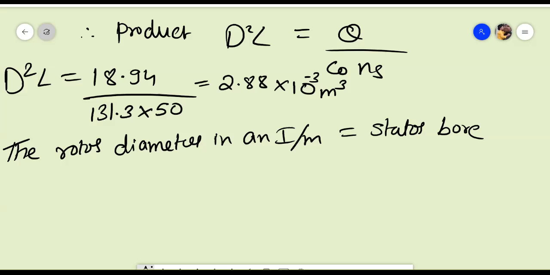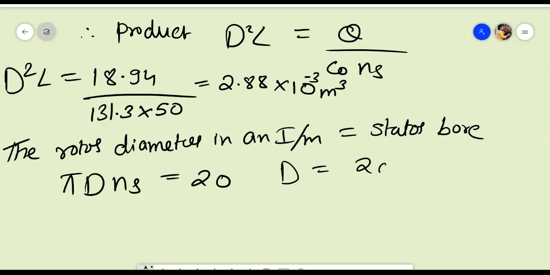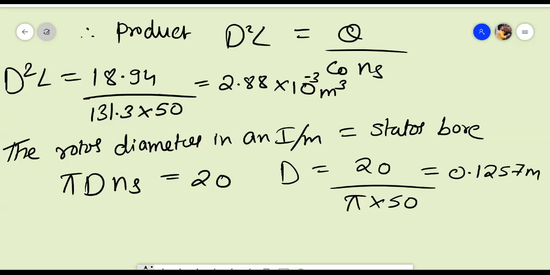So we know that pi times diameter multiplied by the speed ns is equal to 20, and from that we can find our d, equal to 20 divided by pi times 50, which will be equal to 0.1257 meter.